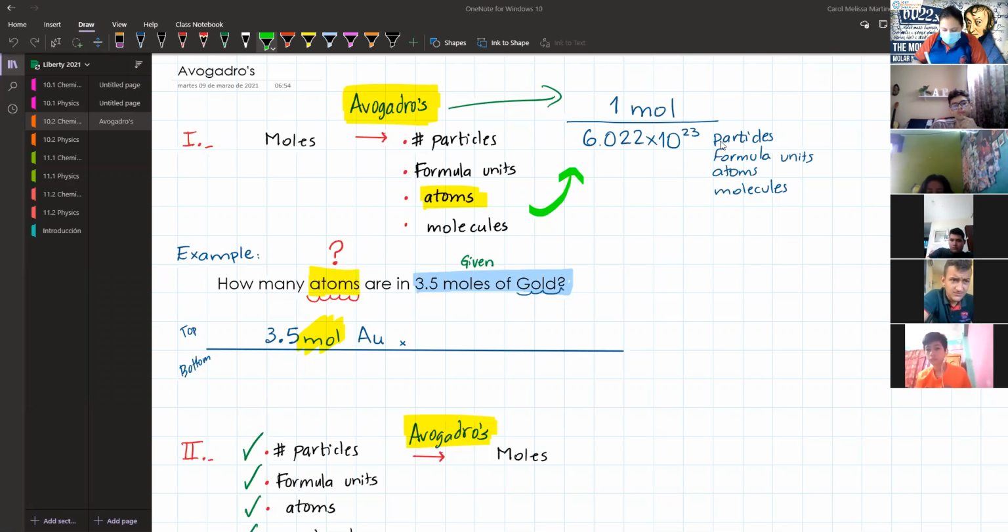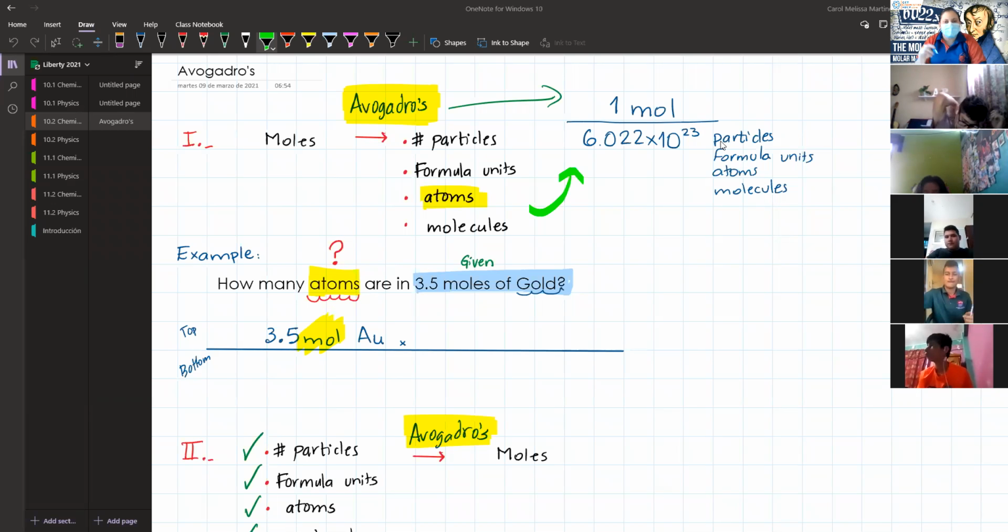So your moles are right there in the top, okay?